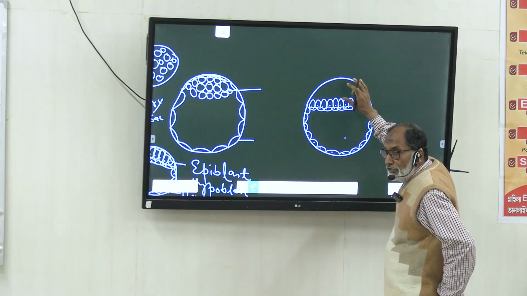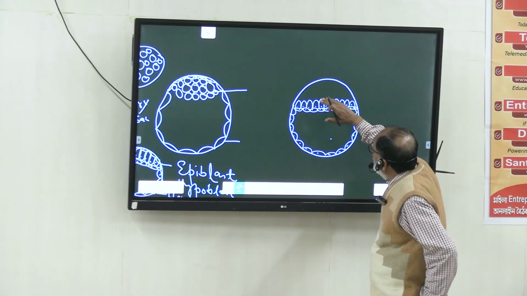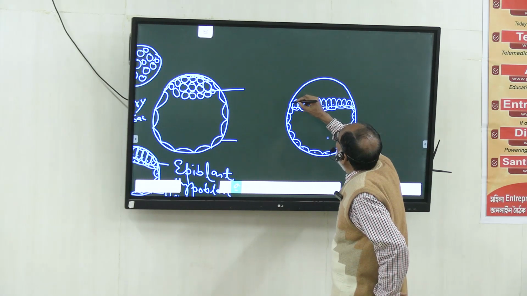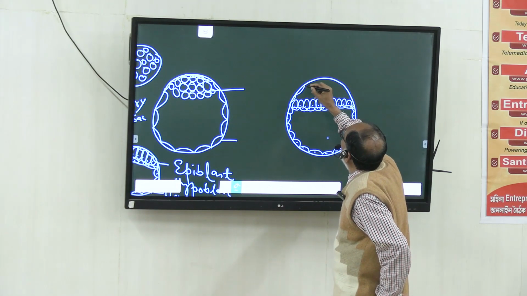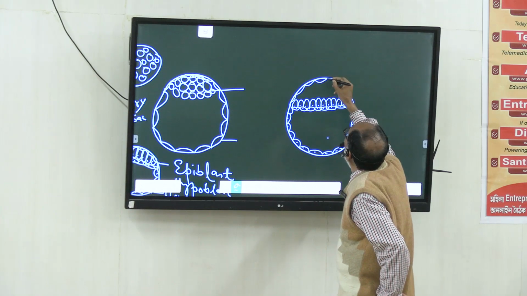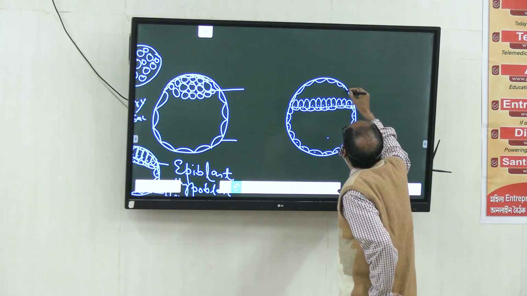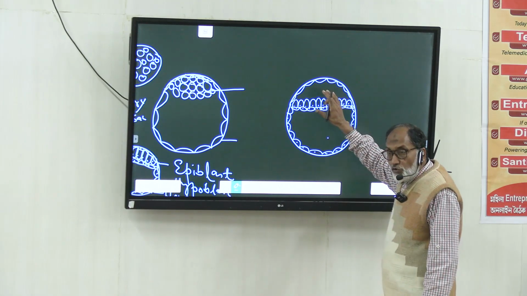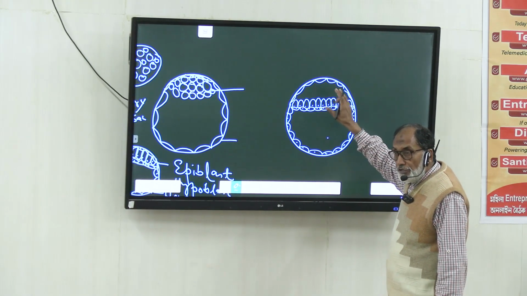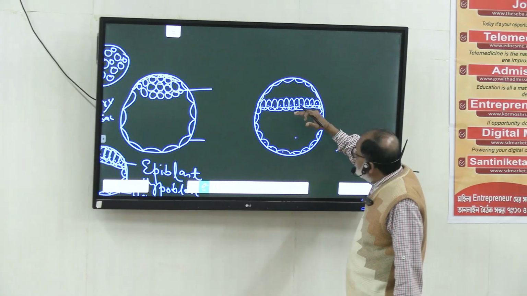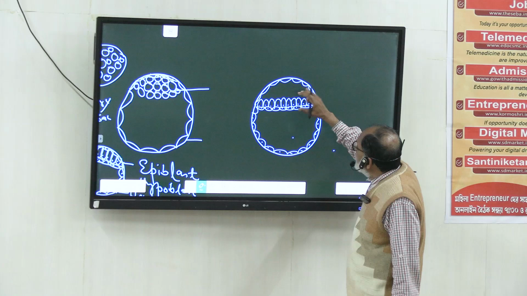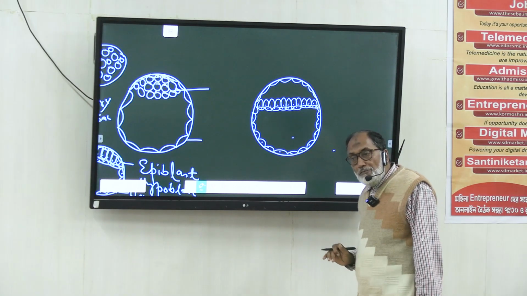Now this cavity is known as the amniotic cavity. The cavity which appears above the epiblast cells and the trophoblast is known as the amniotic cavity.